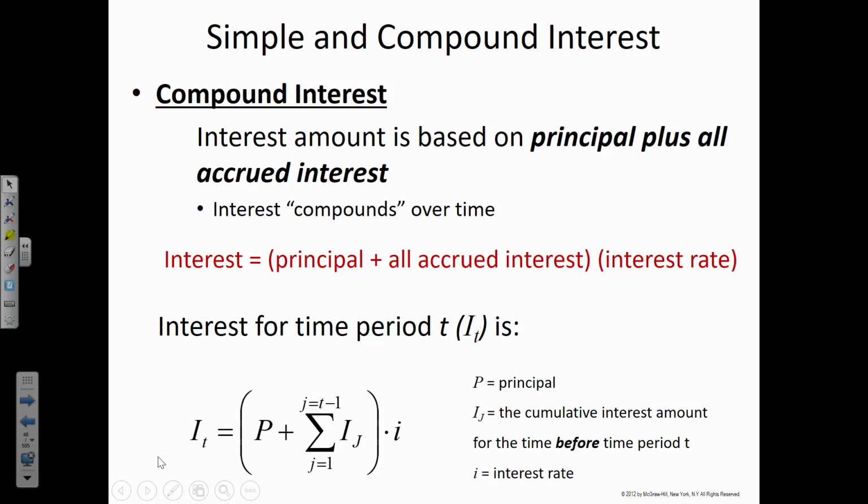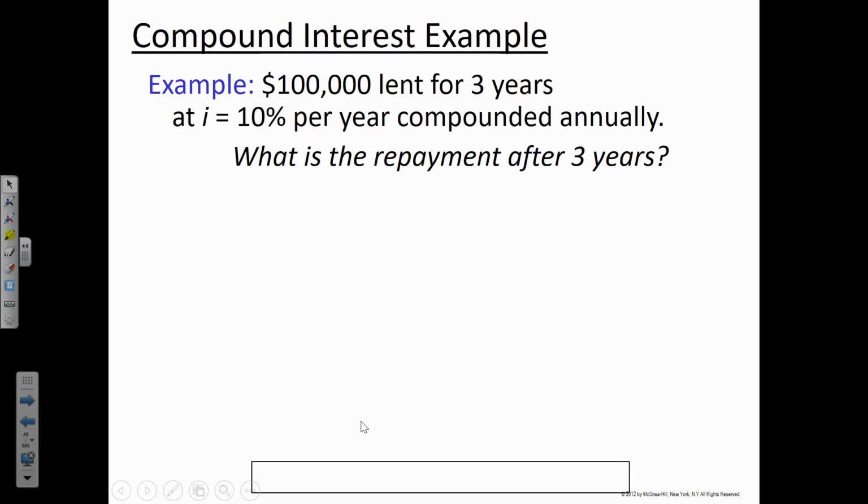Okay, so we'll take a look at this formula and how it's applied in just a minute. Before we do, let's step through this illustration year by year. So this is that same $100,000 amount, that same 10% per year interest rate. But now, instead of simple interest, this time it's going to be compounded annually.